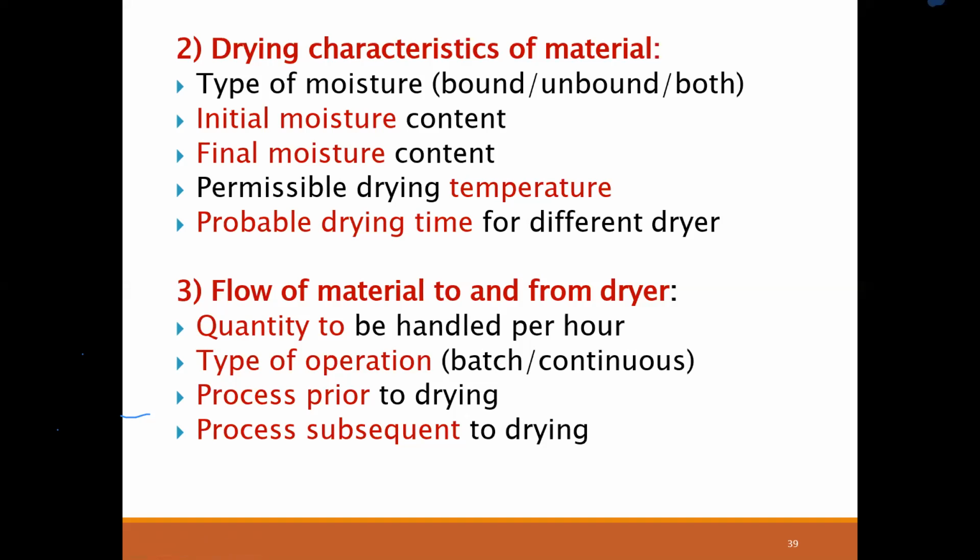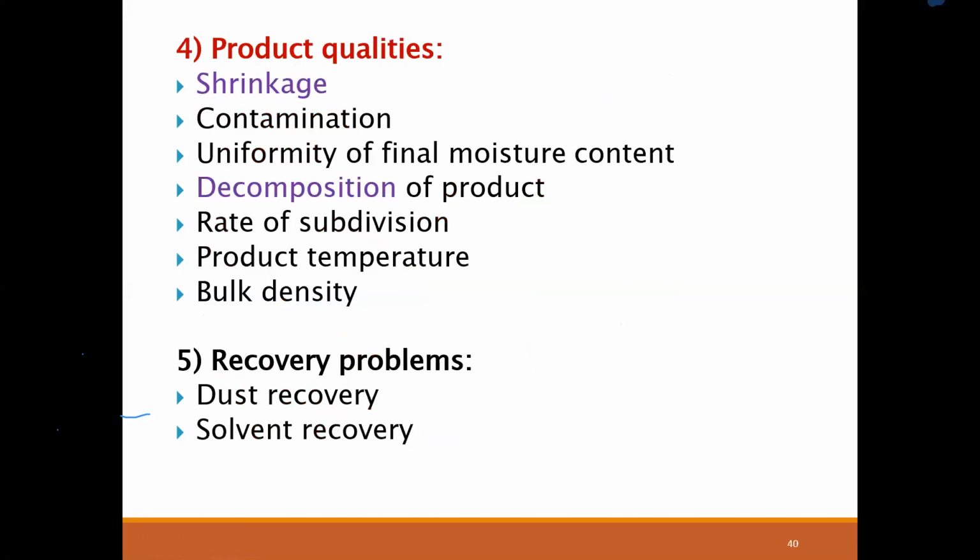The process subsequent to drying, what process is required after drying, that can also be considered. Then product quality. Product quality means, after drying, what is the quality of the product, whether the material is appropriate or not, whether the material has shrunk.